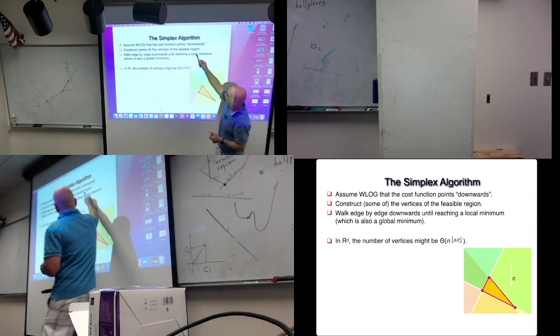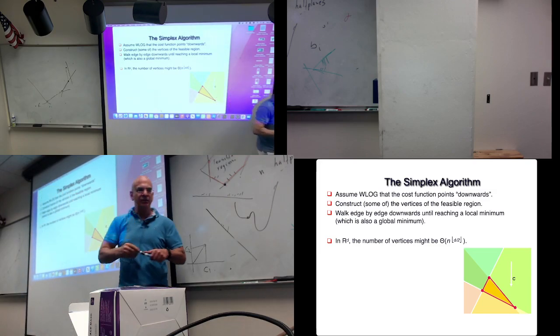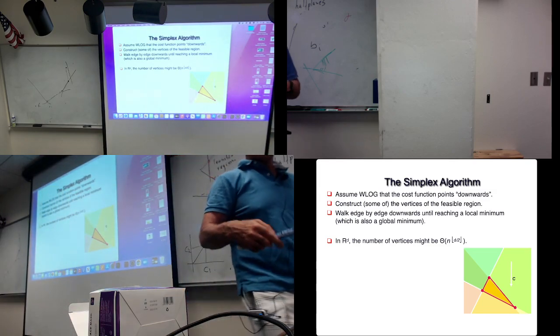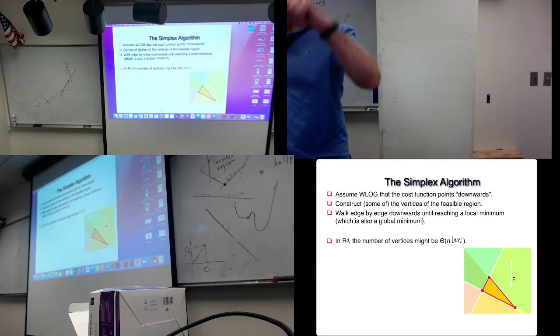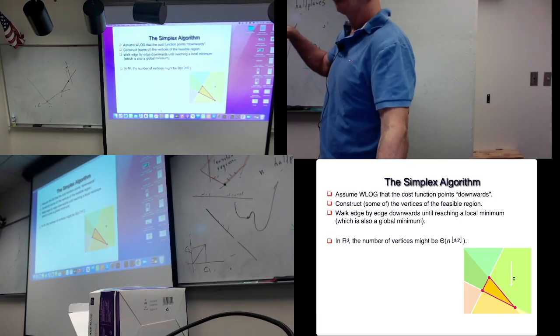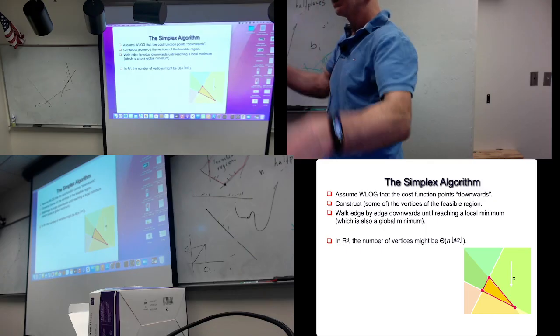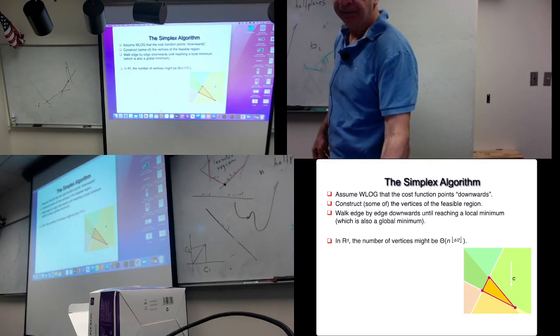So simplex works by kind of greedy steepest descent, where you just follow edges of the polytope that lives there in higher dimension. A polytope is the intersection of half spaces.